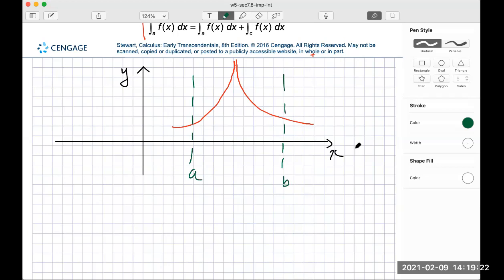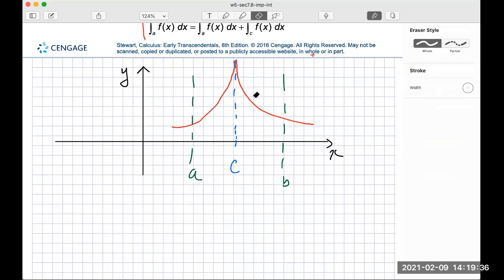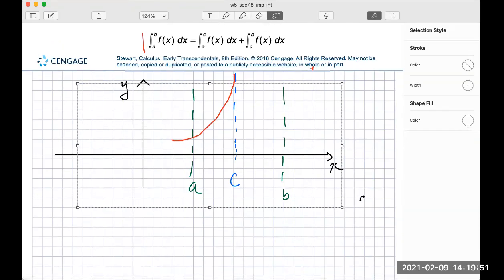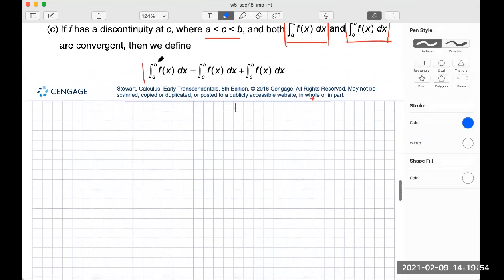This is a, this is b. Suppose this is the point c where it is discontinuous, right? Not a good explanation. Okay, just forget about this because that graph is not good. But anyway, if these two are convergent, then we can write the sum of these as this. That's it.